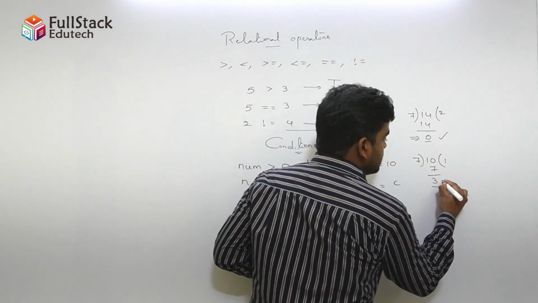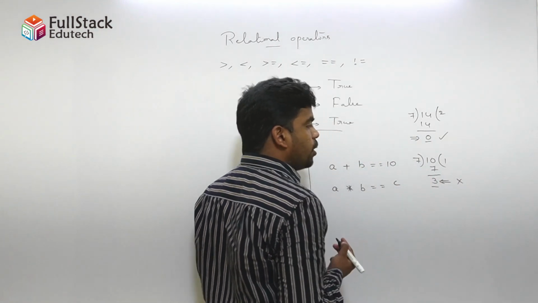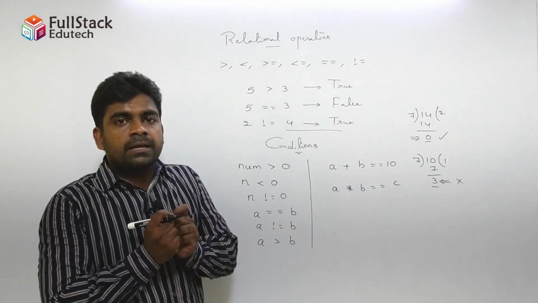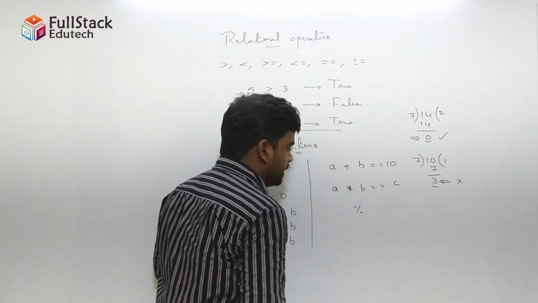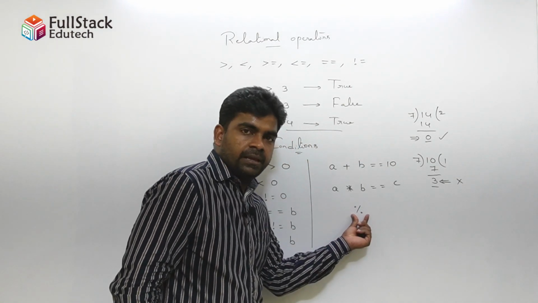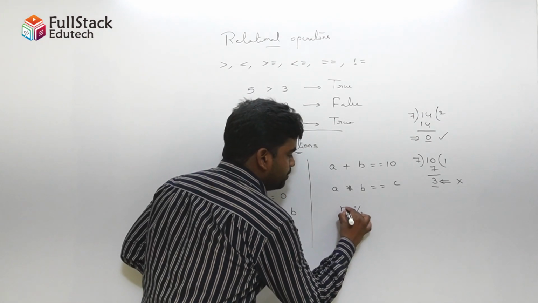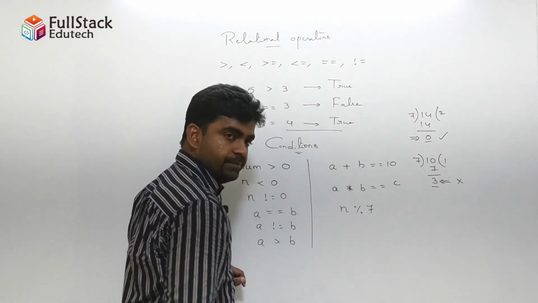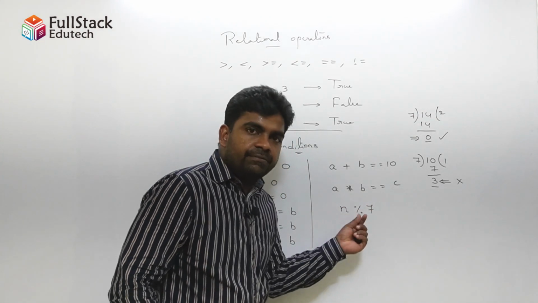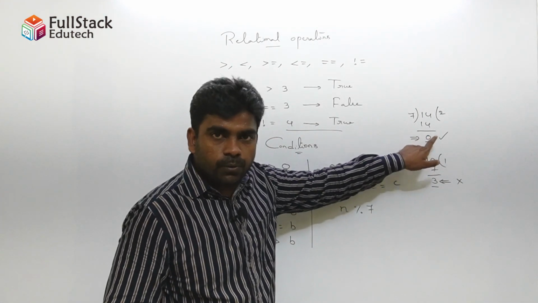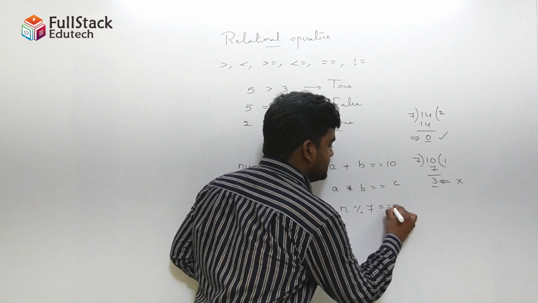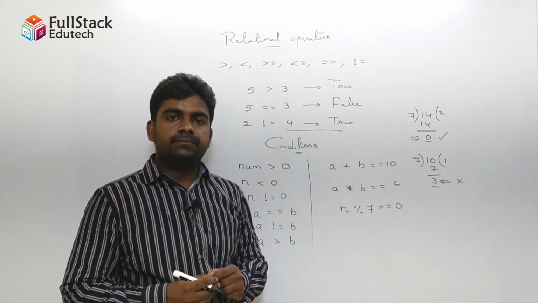When the remainder is non-zero, it's not divisible. So the concept depends on the remainder operator. Whenever you take a number and divide by 7, the mod operator gives the remainder, and that remainder should be equal to 0. Then only we can say yes, it is divisible.